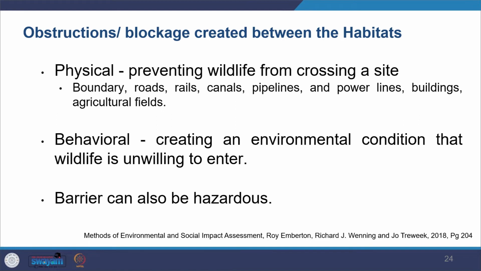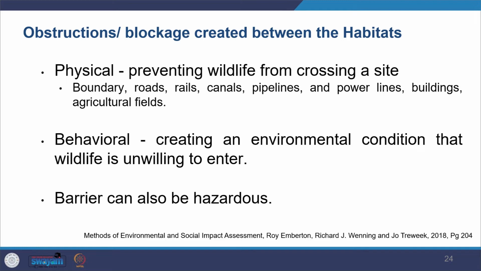For example, you must have most of the time seen roads, rails, canals, pipelines, which interfere with the passages of the animals to go from one place to another, or divide their habitat. Those can be the physical barriers one creates, and sometimes one also creates behavioral barriers, where you create an environment that wildlife is unwilling to enter.